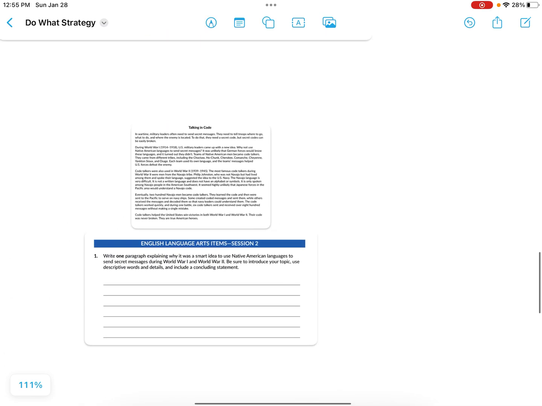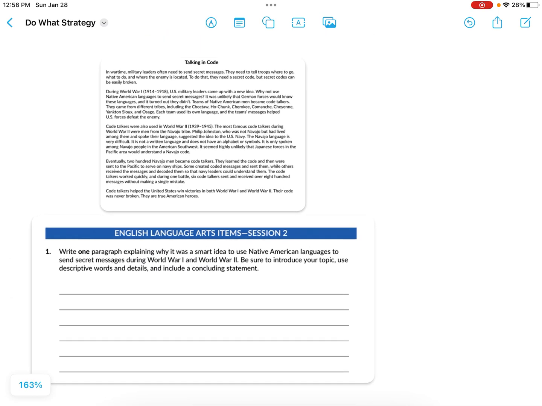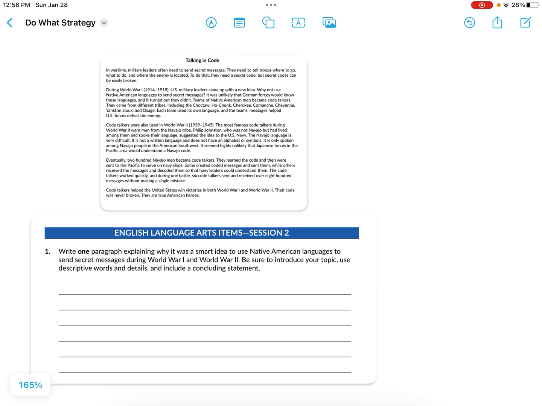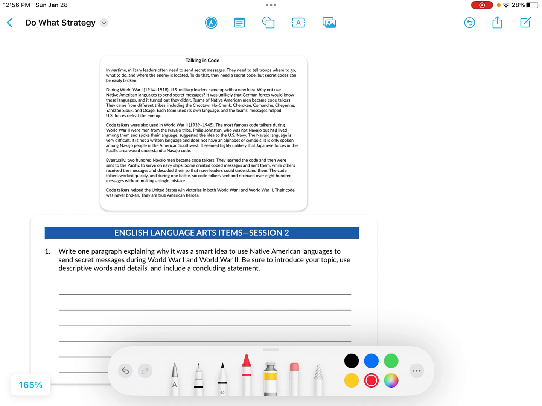I know we have our state assessment coming up here soon, so I quickly took a peek at one of the tasks that students were going to have to do for writing. And so one of the tasks students have to complete, and this is just an example of a 7th grade task, they have to first read this text about talking in code during World War I and World War II, and then they have to complete a writing task down here.